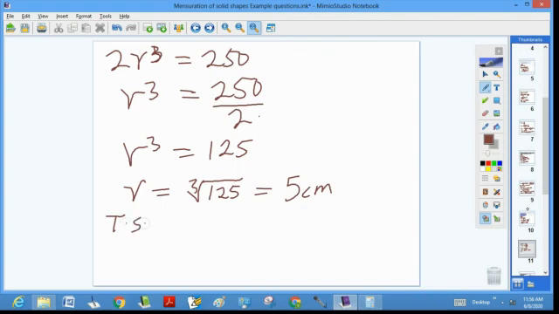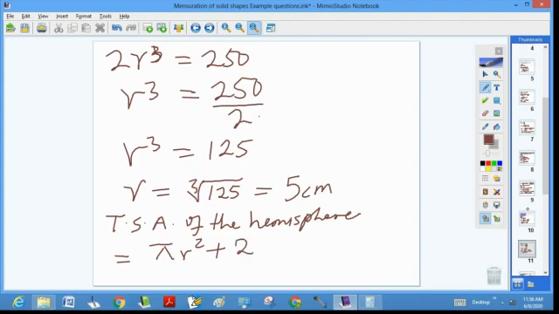The total surface area of the hemisphere is given by pi r square for the base area plus the curved area, which is 2 pi r square. So that will give us 3 pi r square.